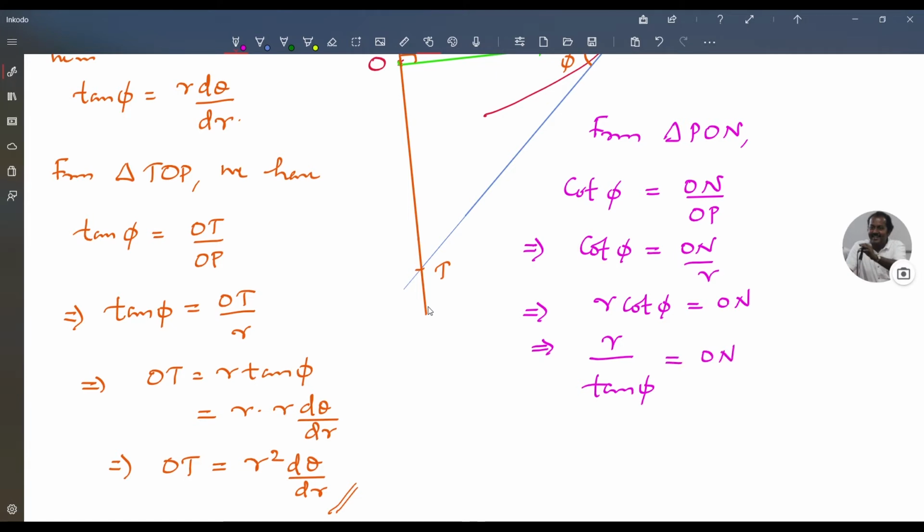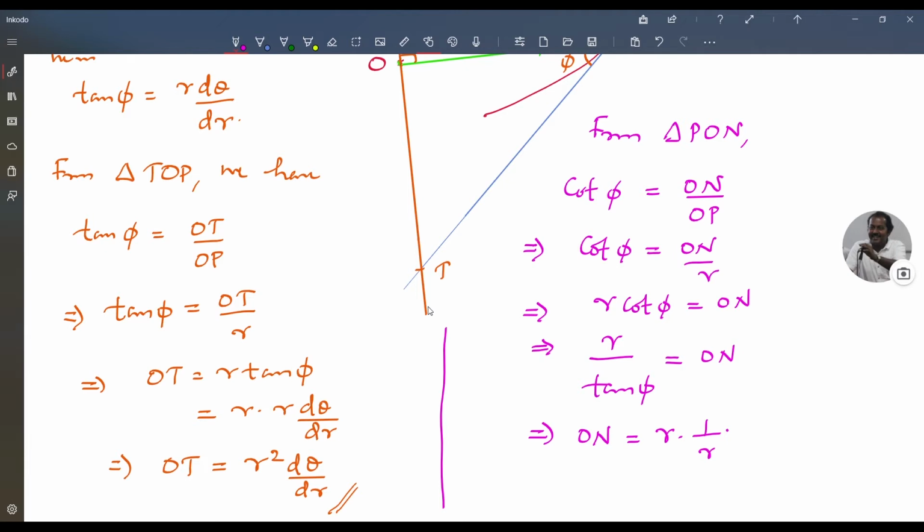So ON equals r into 1 by tan phi. Tan phi is r d theta by dr, so 1 by tan phi is 1 by r into dr by d theta.